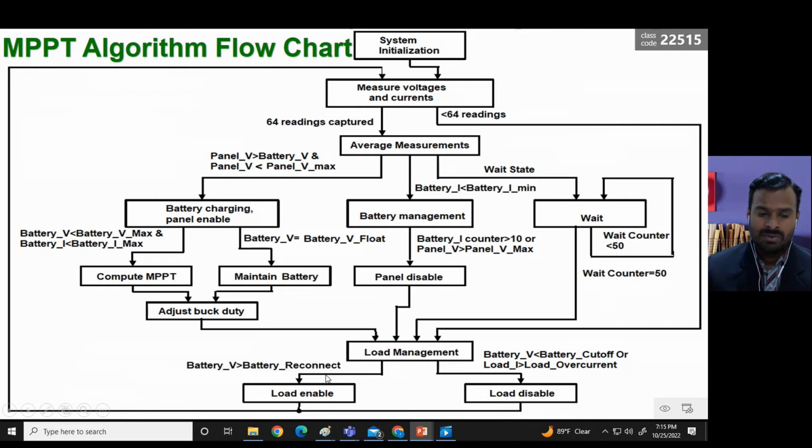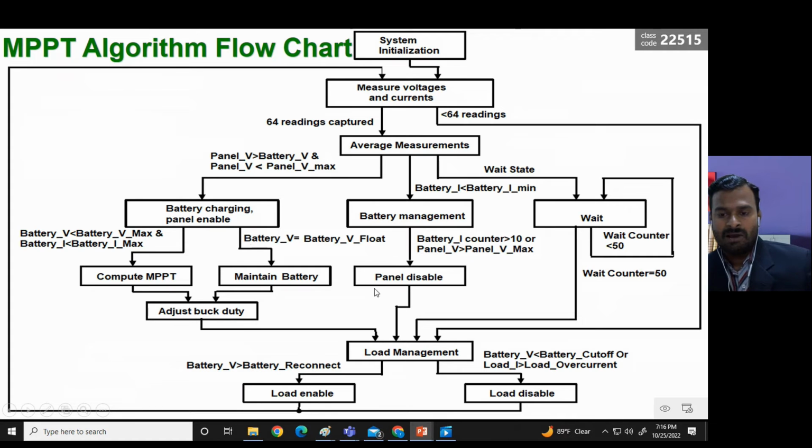Otherwise, the battery will not be able to serve the load, and it may permanently damage the battery. So we have to check this condition for enabling the load. If this condition is satisfied, the load will be enabled. If the battery voltage is less than the required voltage, the cutoff voltage, the load will be disabled. So this is one important process taking place here.